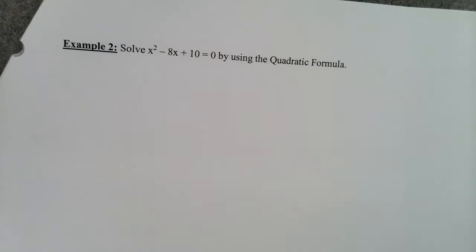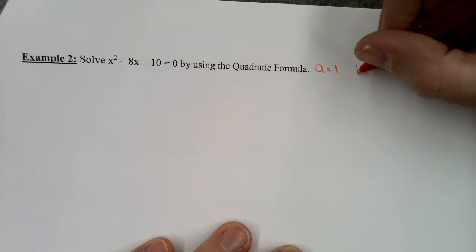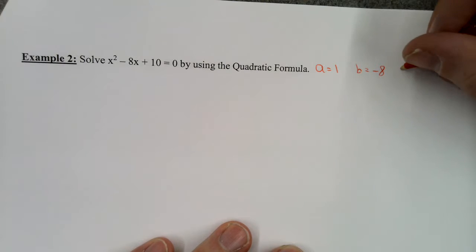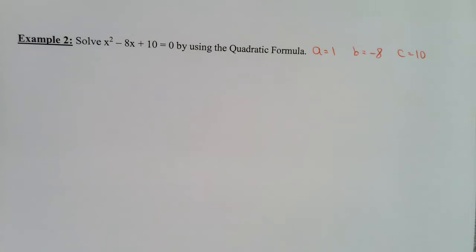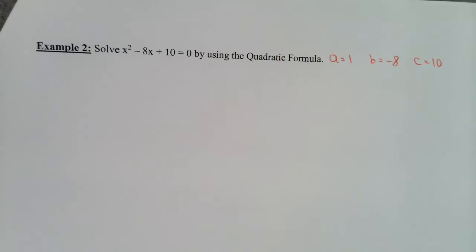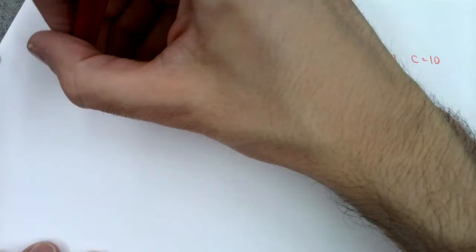Example 2 is already equal to 0. That's good. That's what you want. So let's identify a, b, and c. In this case, a equals 1, b equals negative 8, and c equals 10. So I'm not going to copy down the formula. You can look back at that in the first page if you want, or you can write it down yourself on a separate piece of paper as you're watching the video.